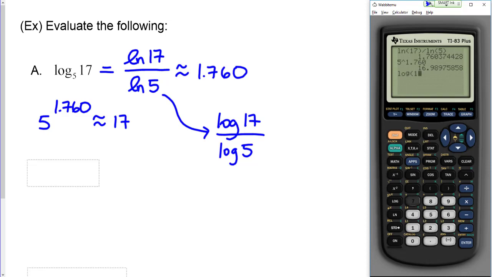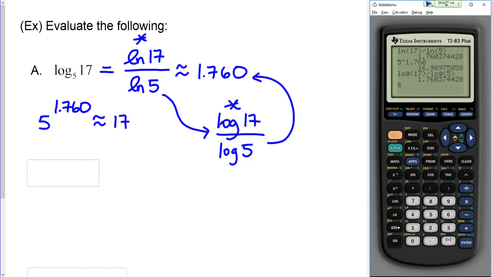The common log of 17 divided by the common log of 5. You get exactly the same result, 1.760374428. It agrees exactly. So you do have a choice. You can always use either natural logarithms or common logarithms, and you get the same answer either way.